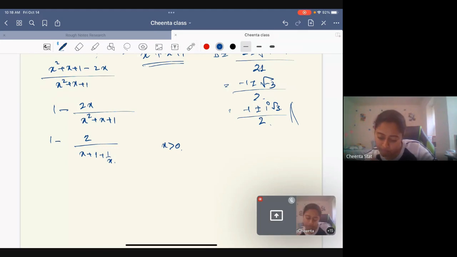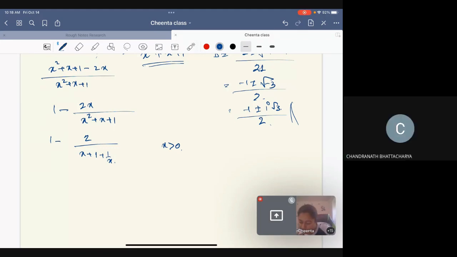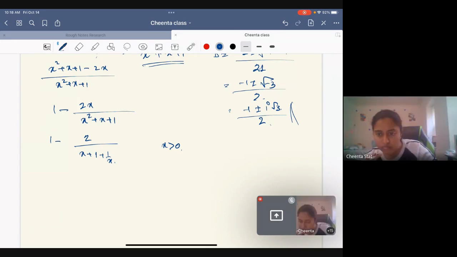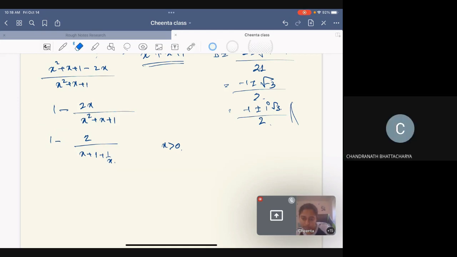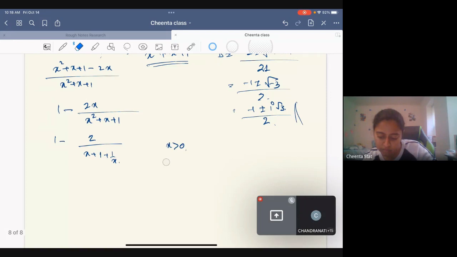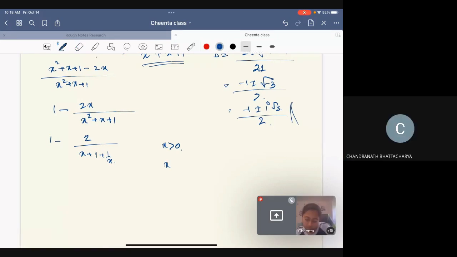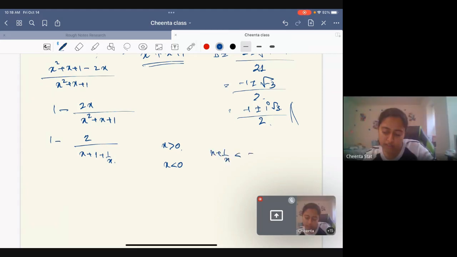And if x less than 0, then x plus 1 by x is less than or equal to minus 2.